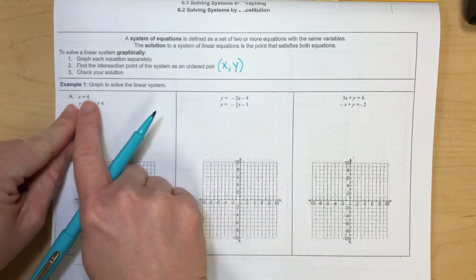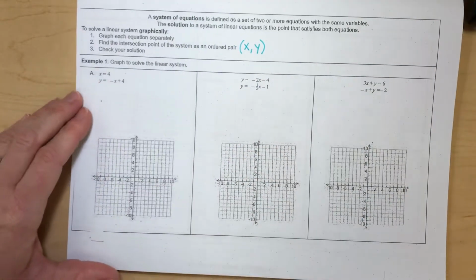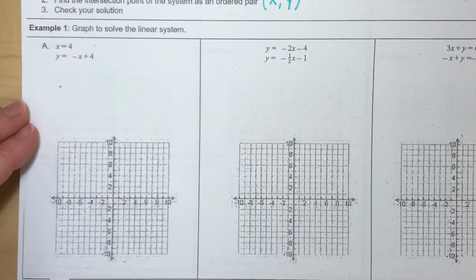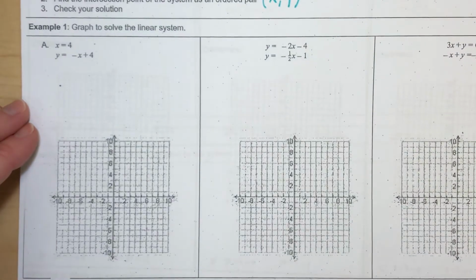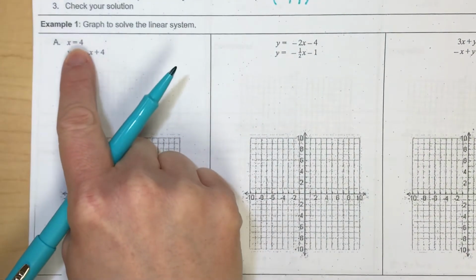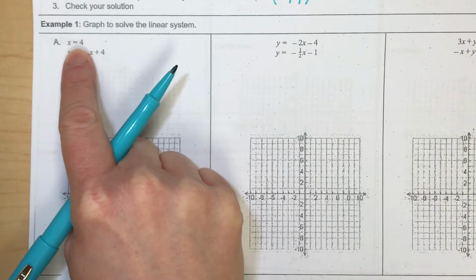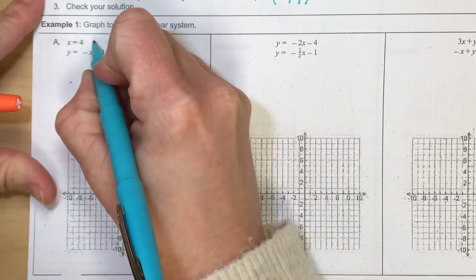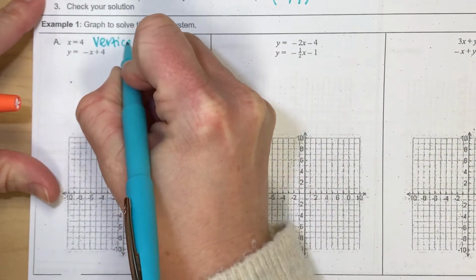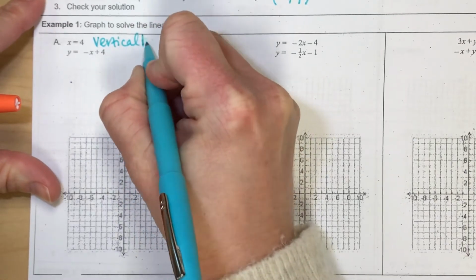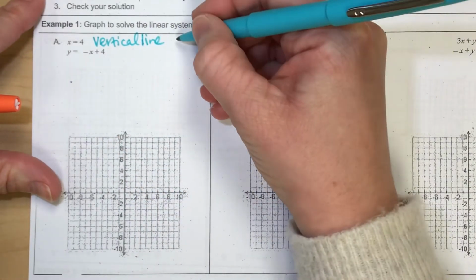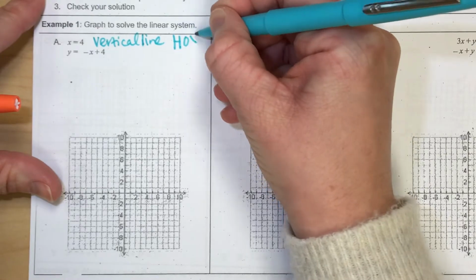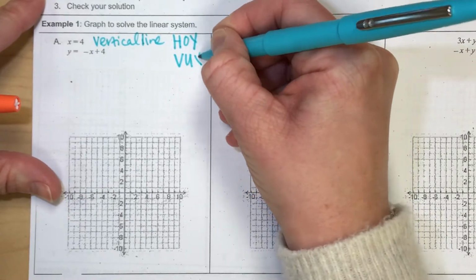So now this is what I'm going to do. I'm going to graph in this first equation here. I'm going to graph x is equal to 4. And when you see x equal to a number, what that really means is that you have a vertical line. We had this phrase HOVUX in my class, and I'll explain what that means real quickly here.